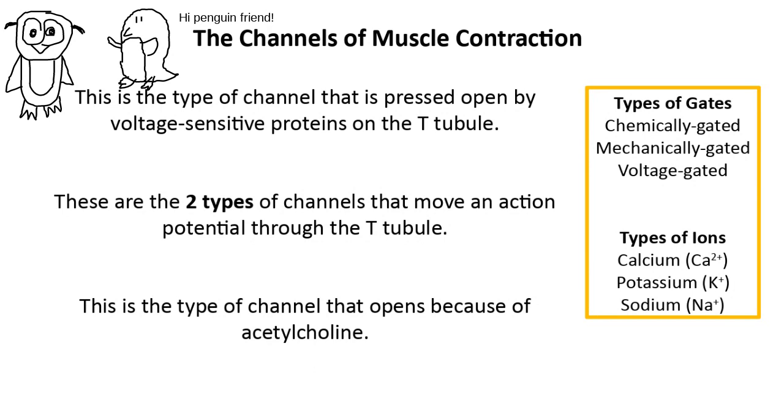Kira mentioned chemically gated sodium channels. We know that we are chemically gated at the beginning of this process because we're opening in response to a chemical. We know that it's a sodium channel because sodium is what helps us to change the membrane charge.